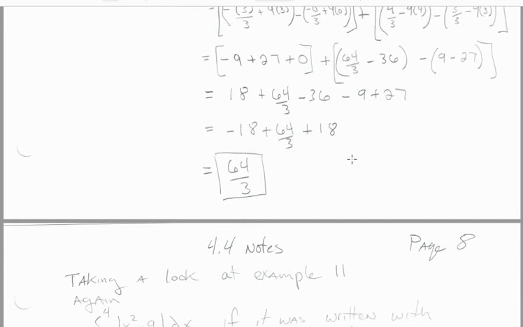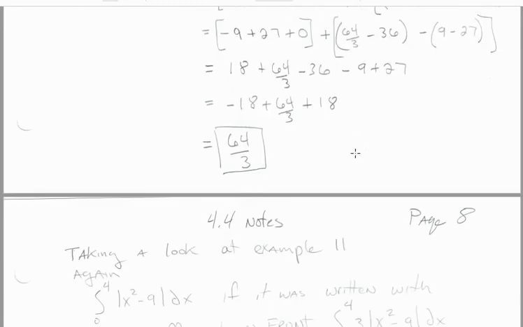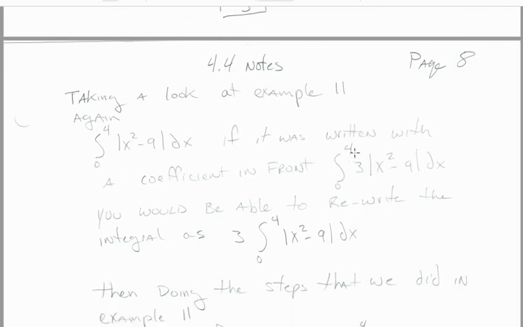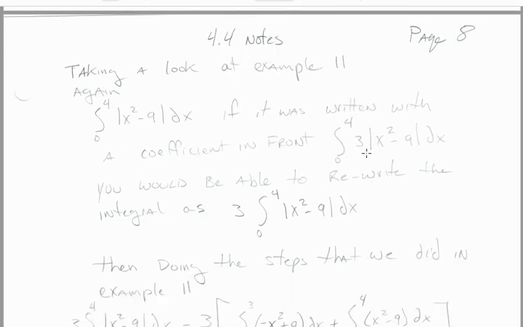One difference between this problem and the problem on your homework assignment is a coefficient in front. So if I used example 11, which is the one we just worked through, from 0 to 4 of the absolute value of x squared minus 9 dx, say on your homework it's written as 0 to 4 of 3 times the absolute value of x squared minus 9 dx.